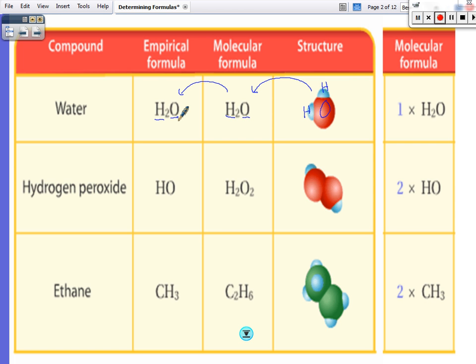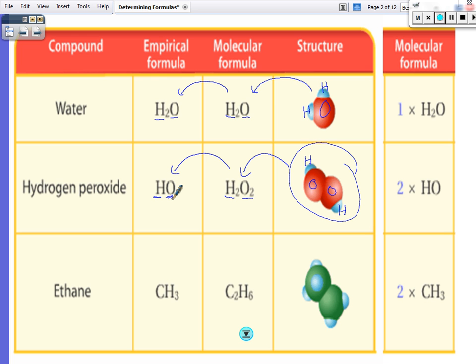However, when you come to hydrogen peroxide, you have two oxygens and two hydrogens, all bound together in one molecule. So the molecular formula is H2O2, but when you look at the ratio of atoms of each element, for every one H, there's one O. So even though the molecule is four atoms bound together, the empirical formula just tells you the ratio of atoms in the compound.